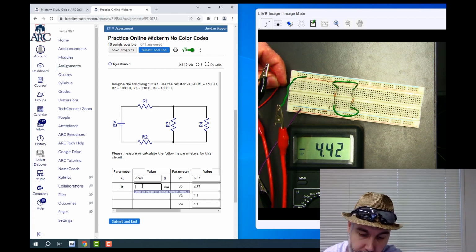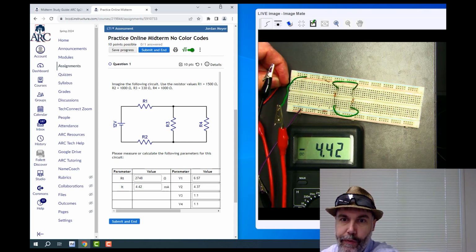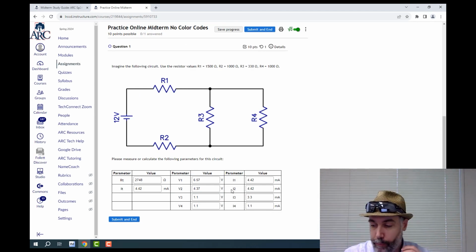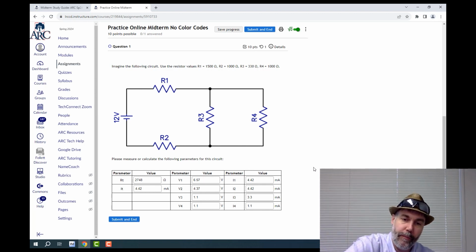Oops. Okay, so those are the numbers. That's how I can measure my circuit. Now, again, we should do some kind of gut checks here to see if this looks about right. So we hope that the voltage across R3 and R4 should be about the same because they're in parallel, and that is the case.